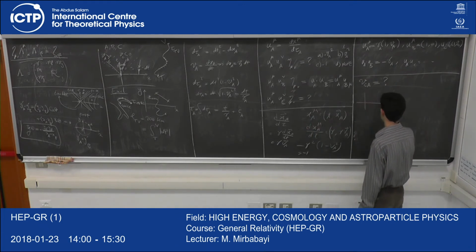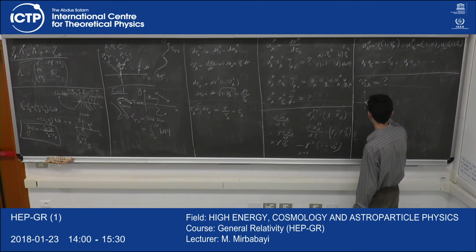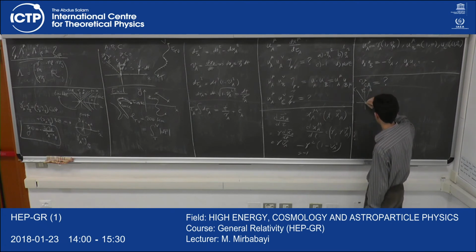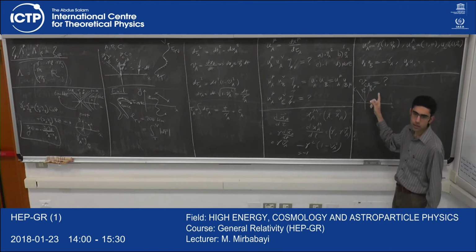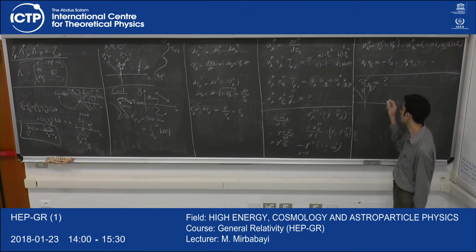So one way would be to look at the new coordinate system. If these were the trajectories A, C, and D, in x, t, one way would be to find a coordinate system in which there is a t prime that is along the world line of Alice.